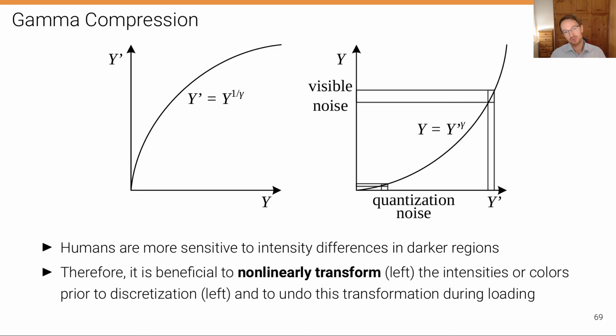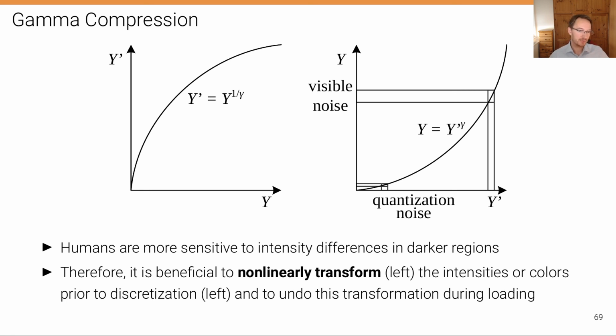Now, in order to store these RGB or other color space images onto disk, we have to discretize the values, and we have to discretize them in a clever way. Because humans are more sensitive to intensity differences in darker regions, we typically use so-called gamma compression.